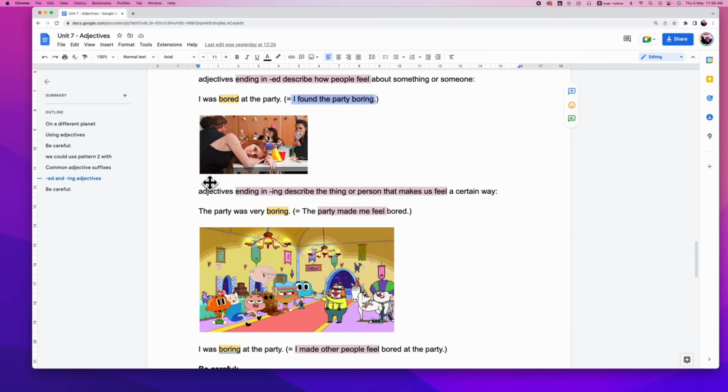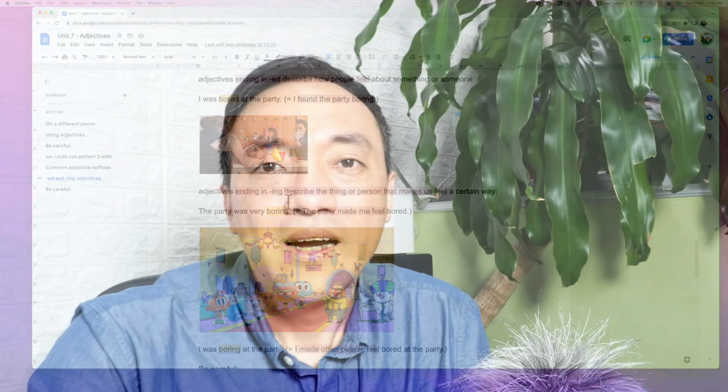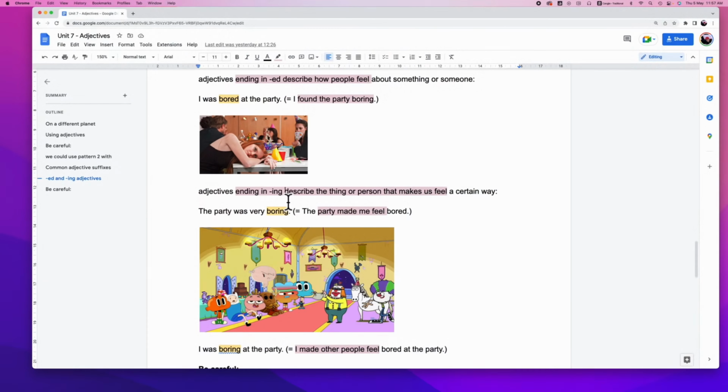And how about adjectives ending in ing? An adjective ending in ed tells you how the person feels. An adjective ending in ing describes things or a person that make other people feel that way.